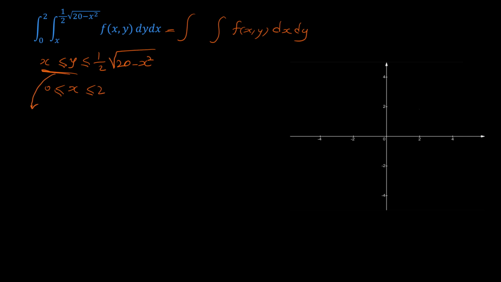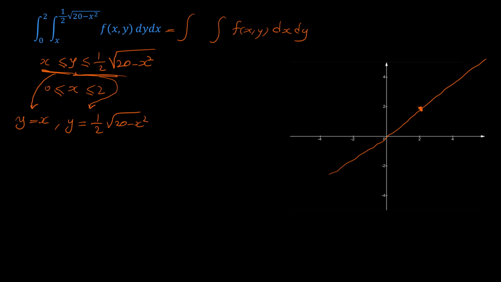From the left inequality, we have y equal x or x equal y, which is this line. Its slope is 1. It passes through the origin, this line here. What about the other equation? What about y equal 1/2 radical 20 minus x to the 2?